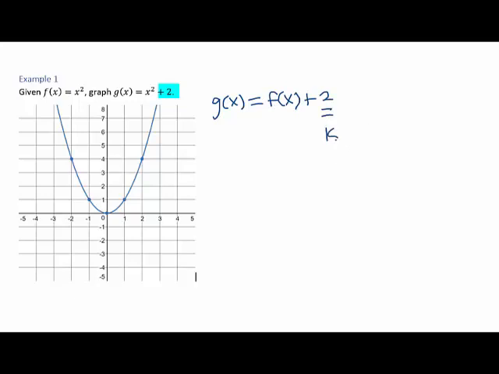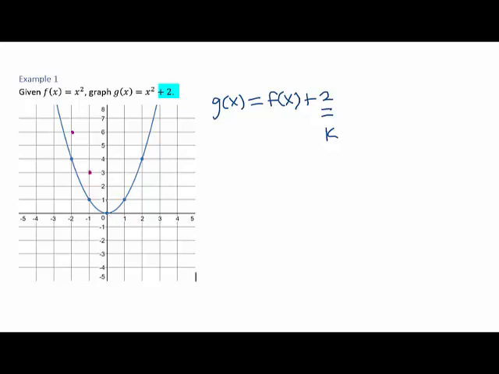And that means that I'm just going to shift all of the points of the graph up 2 spaces. And it helps if I already have some of these points memorized, and that way I can just move them. So negative 2, 4 is on the graph of f of x, but now negative 2 comma 6 is on the graph of g of x. Just shift that up 2 spaces and do the same for each of these.